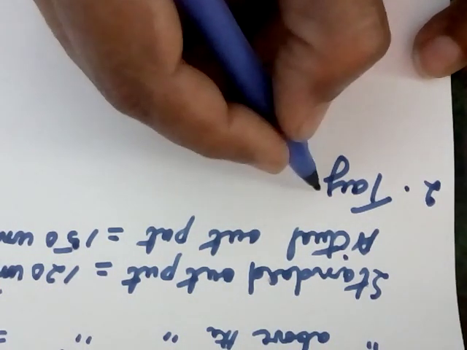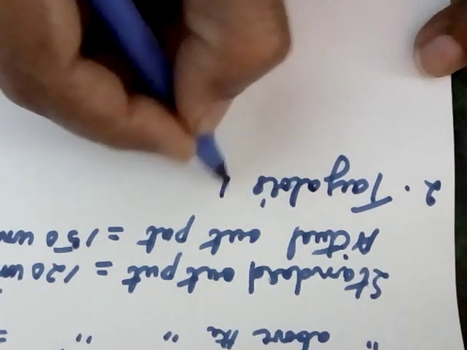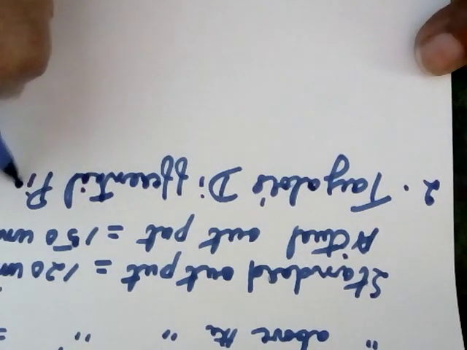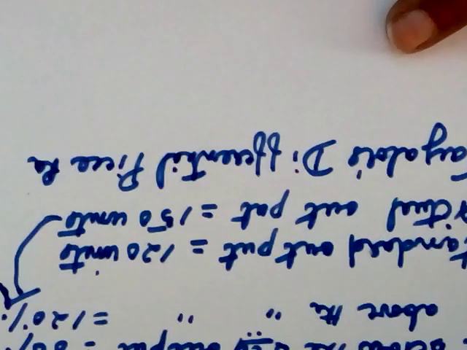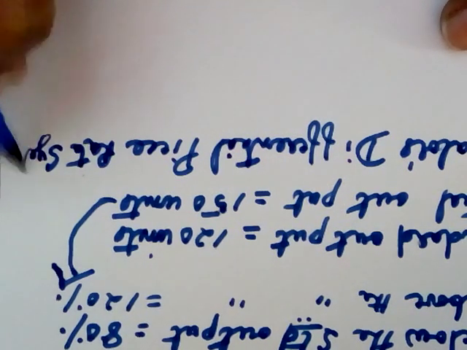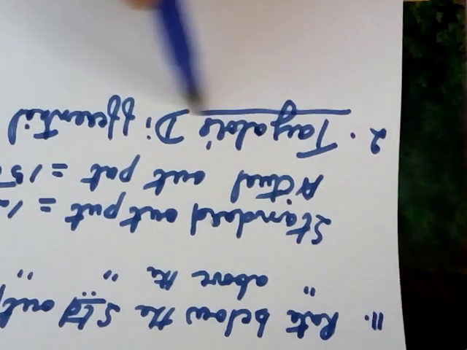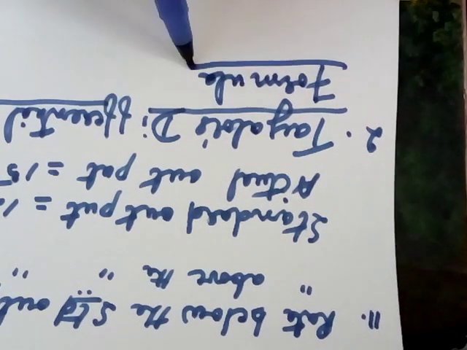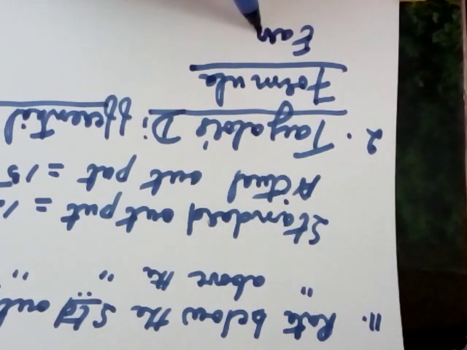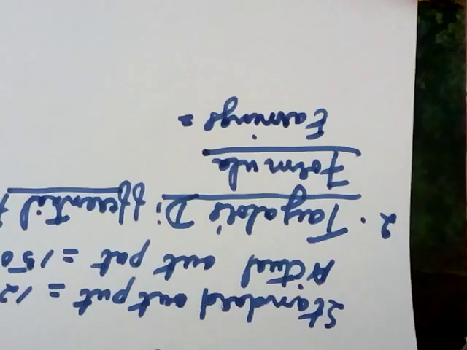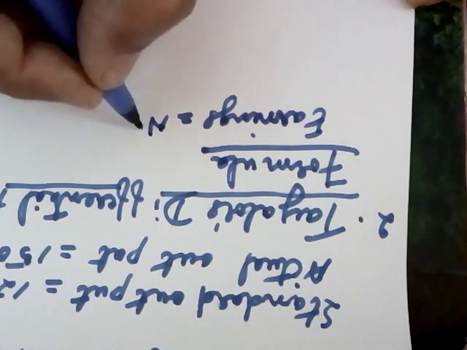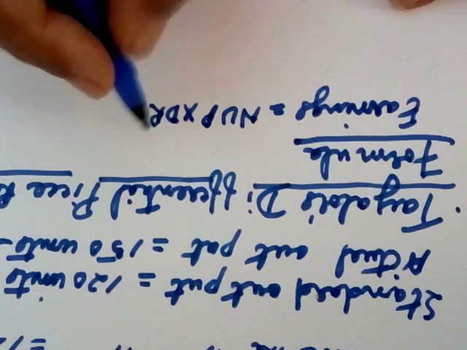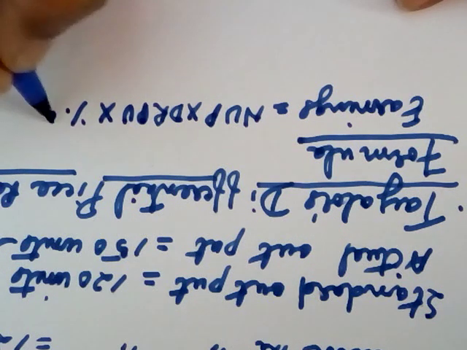Under Taylor's differential piece rate system, the formula is earnings equals number of units produced into differential rate per unit into percentage of efficiency rate.